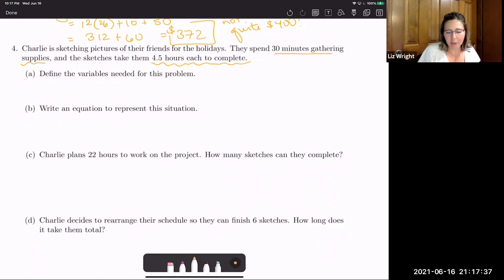So we're talking about the number of sketches and the time that's elapsed. Let's say X is equal to the number of sketches they draw.